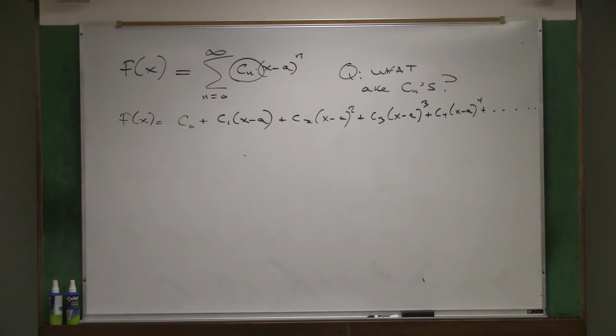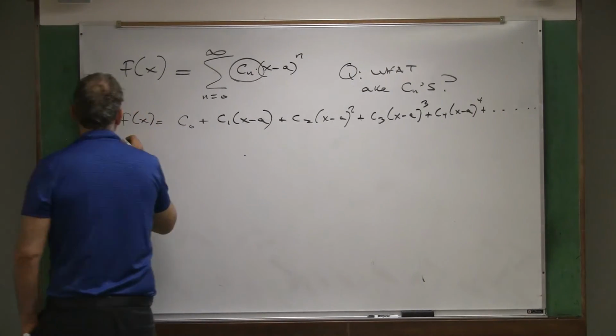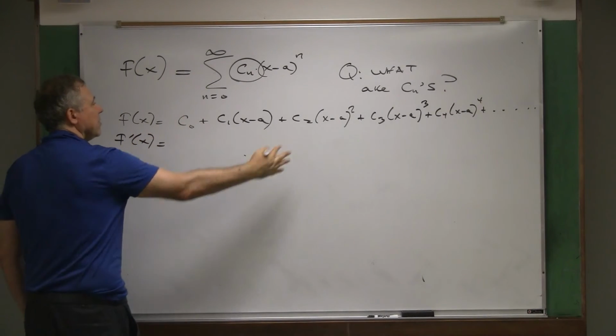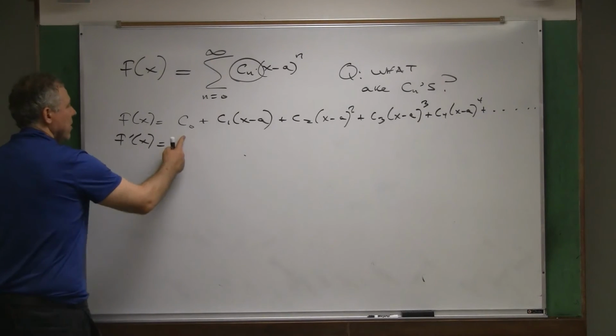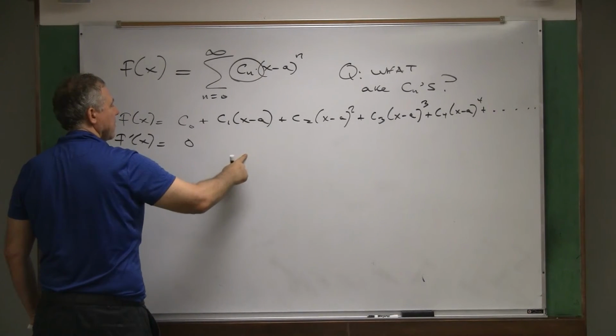Let's differentiate this equation. So f prime of x, now remember the theorem says that you can differentiate a power series term by term. So this is going to be 0. What's the derivative of C1 x minus a? C1.